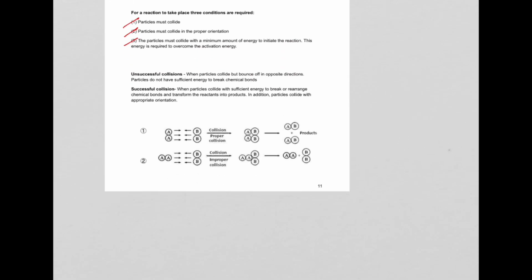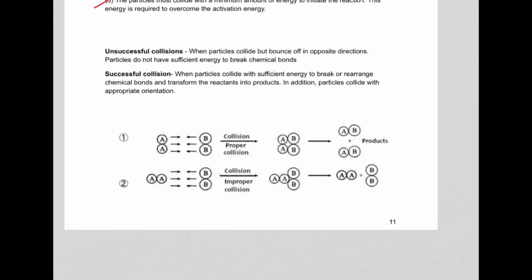So if you look at these two examples, here you have an example of a successful collision where molecule A and molecule B are coming in contact. So A and B come together. The bond between A and A breaks, and the bond between A and B forms.